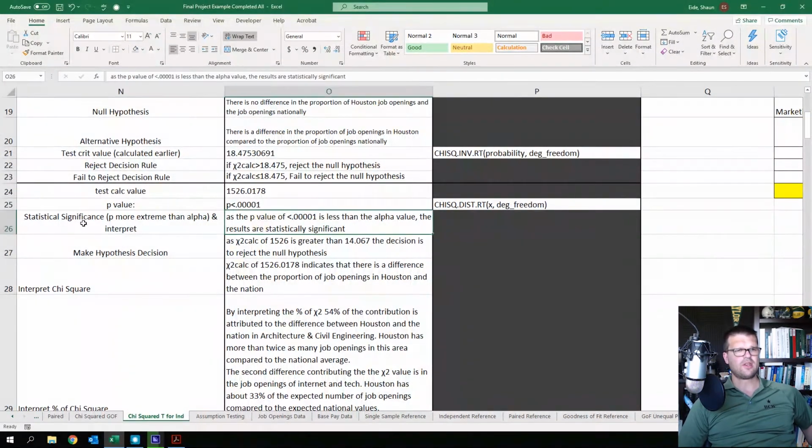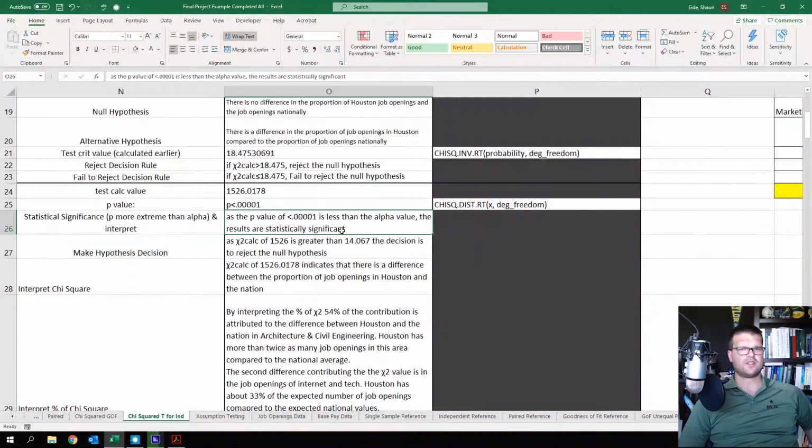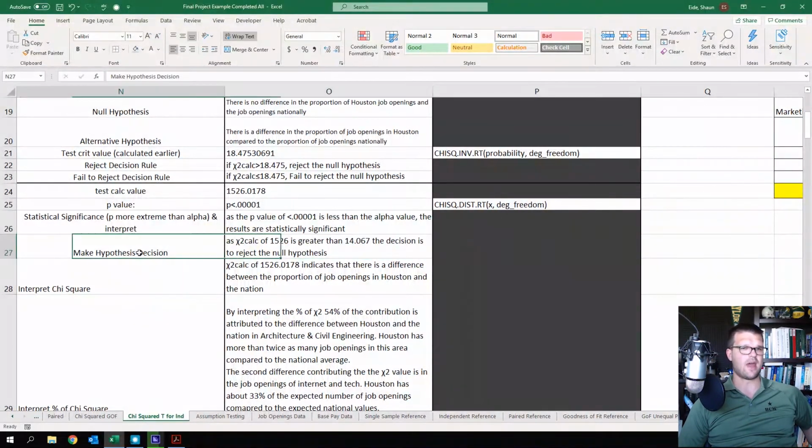So right here, the statistical significance is talking about the p-value. As the p-value of less than 0.00001 is less than the alpha value, the results are statistically significant. That's all that we're looking at. You're comparing p to alpha, and if p is more extreme than alpha, then it is statistically significant. If p is greater than alpha, then it's not statistically significant. It's as easy as that.